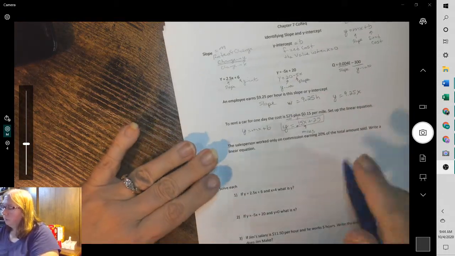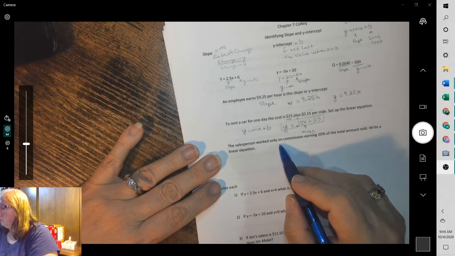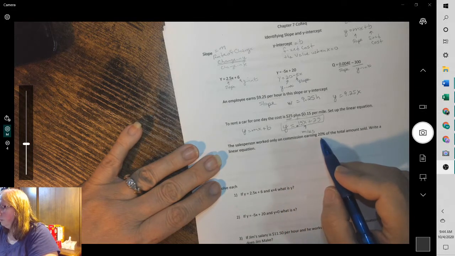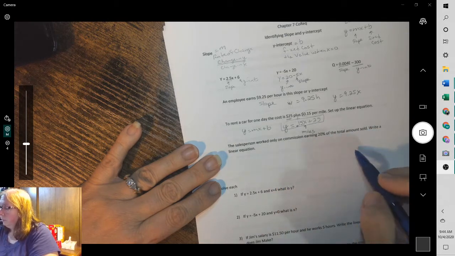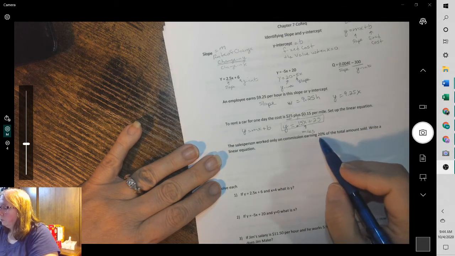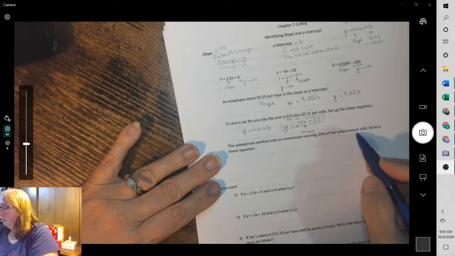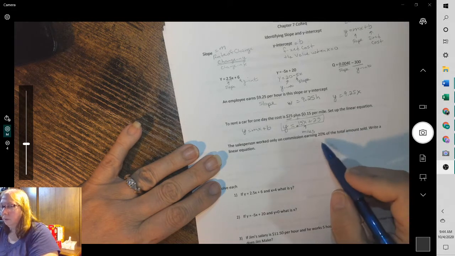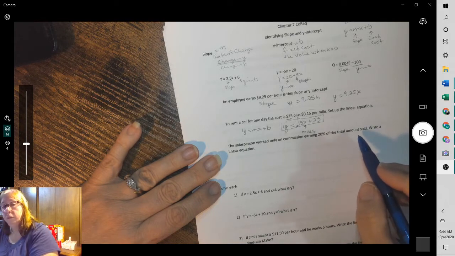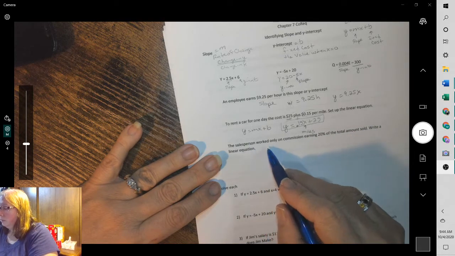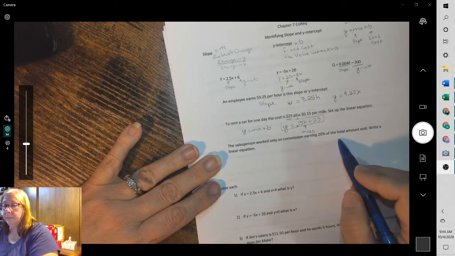Try one more. A salesperson worked only on commission, earning 20% of the total amount sold. Write a linear equation. So he makes 20% of the income. So that would be slope. If he doesn't sell anything, he doesn't make any money.